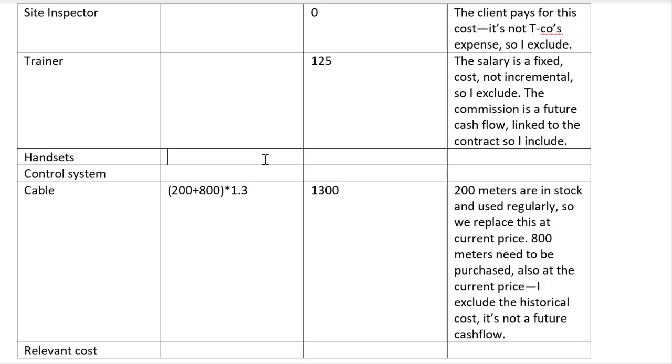We have 80, but they're in regular use. So if we use those in the project, we will have a new cash flow to replace those. So we will use the current price for the 80, and because they are used frequently, and the 40 we will need to purchase also at the current price. So that will be 80 plus 40 times 18.2.